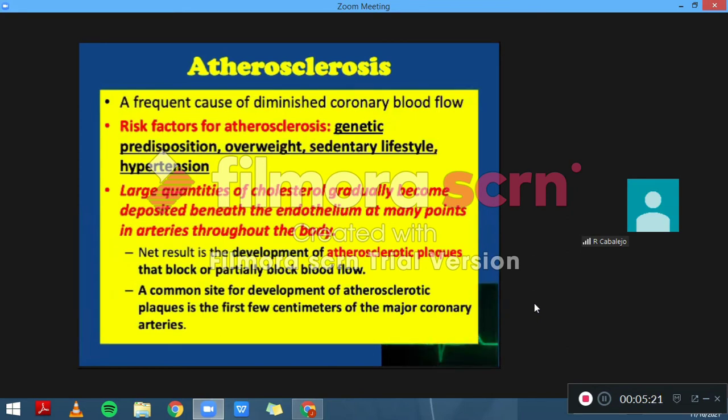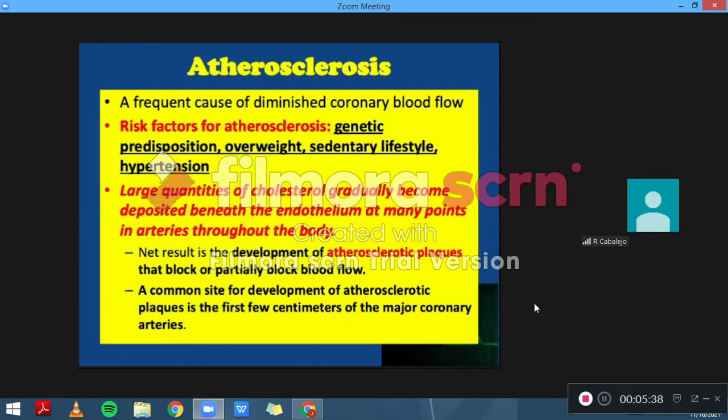In atherosclerosis, large quantities of cholesterol gradually become deposited beneath your endothelium at many points in your arteries throughout the body. So atherosclerosis is a systemic disease.